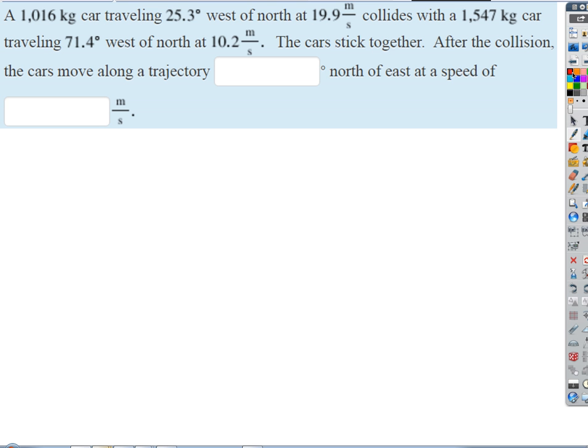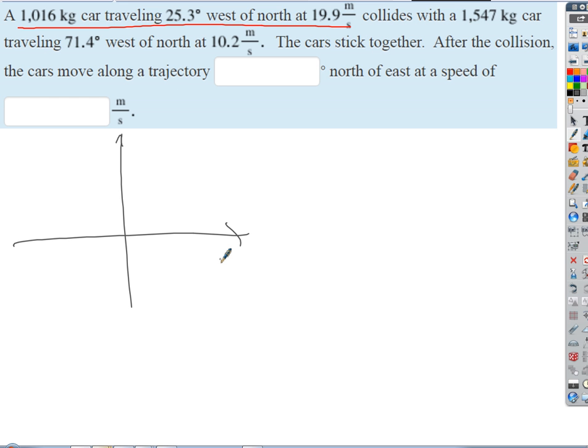All right, let's do this. Here's our vector 1, with all the information. Let's do these one at a time and orient this one on an XY plane, an east-north plane. What's that going to be? 25.3 degrees west of north. West of north, that's that way.